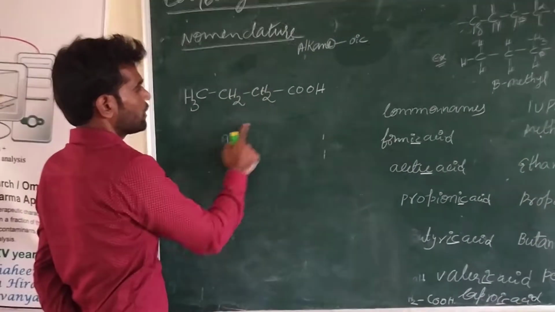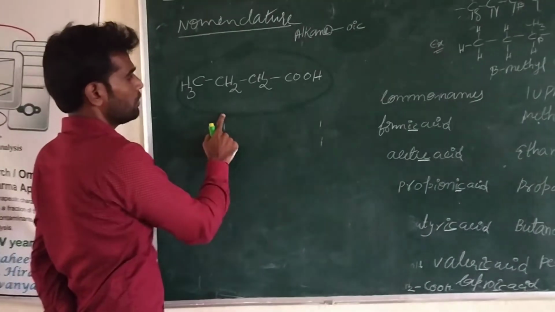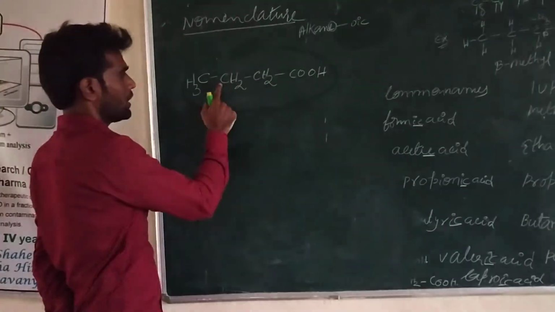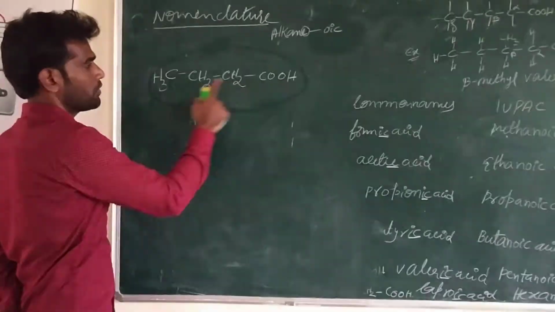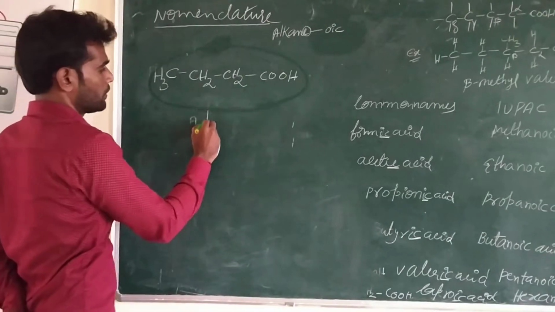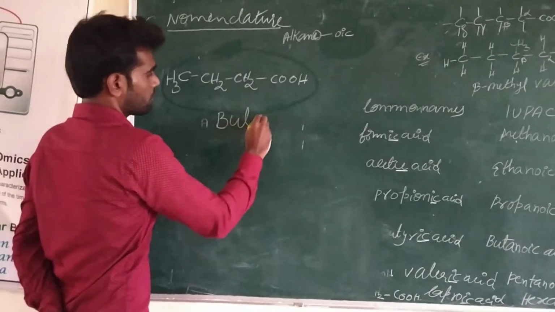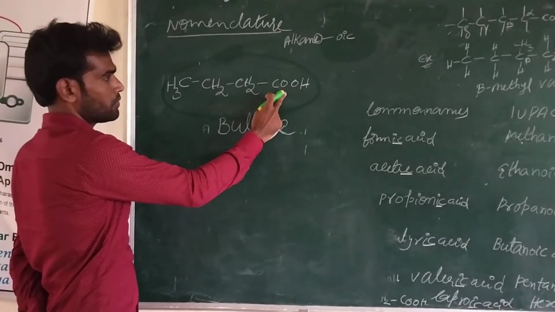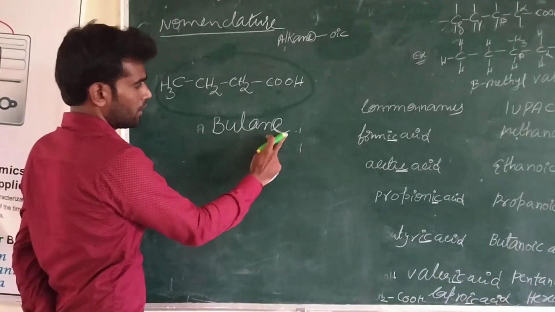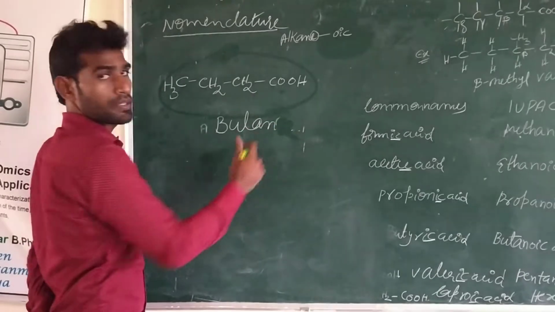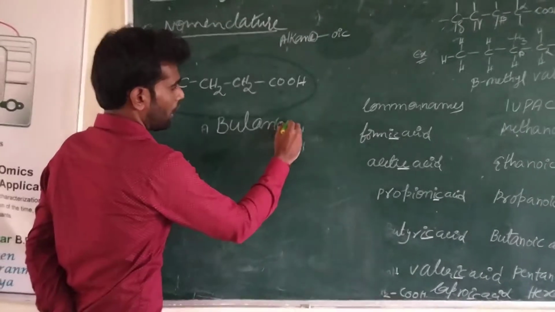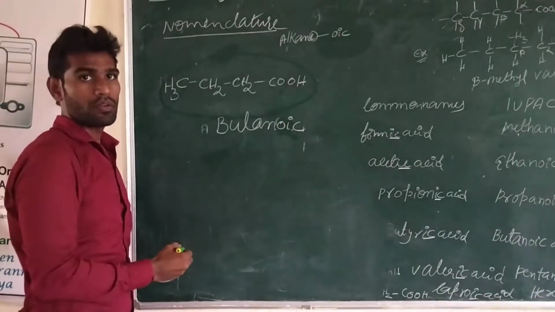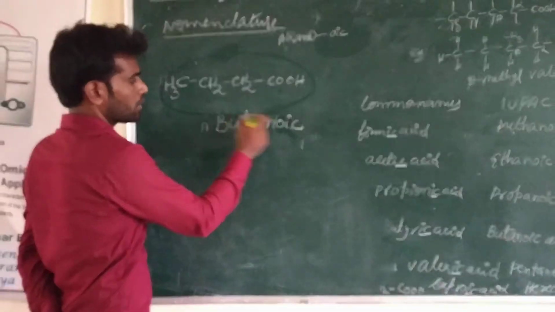This is the parent molecule. What is the name of this alkane if four carbon atoms are attached? That is butane. Normally it is butane, but we have a carboxylic acid functional group. So that's why the E is replaced with OIC. So it is butanoic acid.